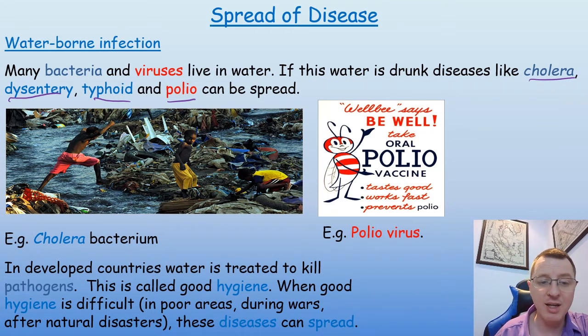When good hygiene is difficult, for example in poorer areas or during wars or after natural disasters, then these pathogens can grow and easily be spread from person to person by consuming the water.